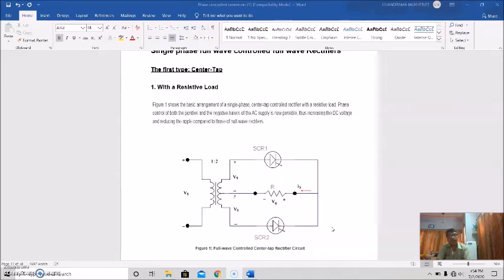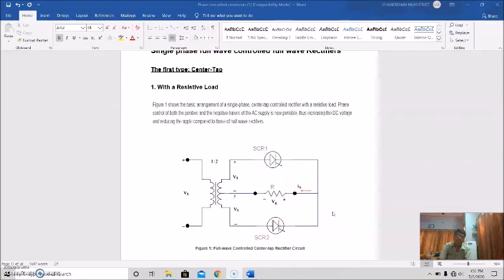Phase control of both the positive and negative halves of the AC supply is now possible because two thyristors are used here, thyristor 1 and thyristor 2. This is for the positive half, and this is for the negative half of the supply. As a result, there is an increase in the DC voltage and a reduction in ripple compared to the half wave rectifiers we have discussed so far.